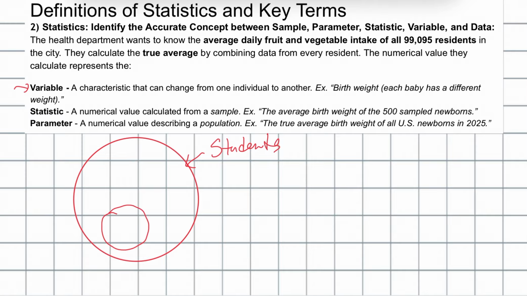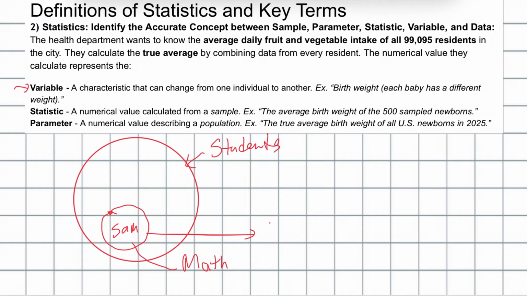This small portion here is going to be considered the sample of students that study math, right? So these are students that study math. And a statistic provides a numerical statement based on the students that study math.